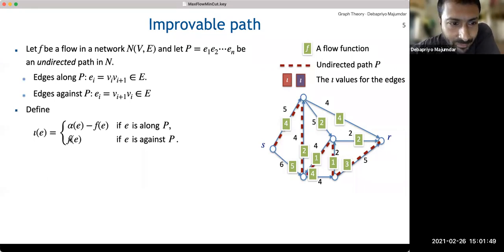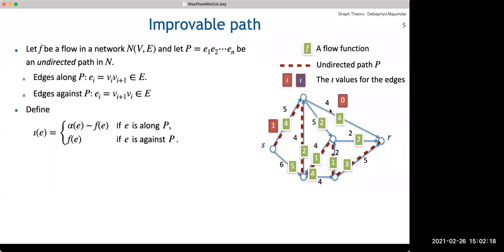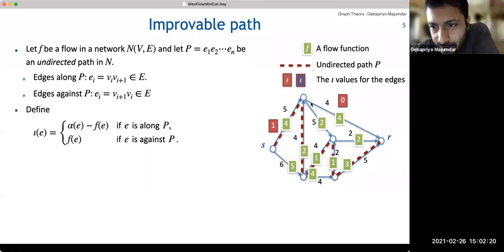This may look a bit counterintuitive to start with, but let's do it. This portion is easy to understand: it is the capacity minus the flow. Here the capacity was 5 and the flow is 4. So what will be iota? This is along the edge, so iota will be 1 here. This 0 should not be there; it's not even on the path. So forget this 0.